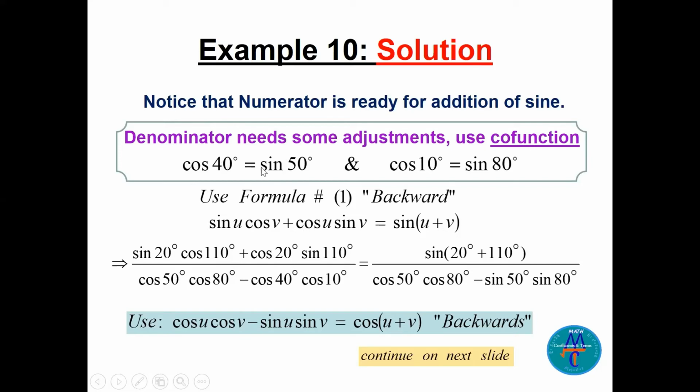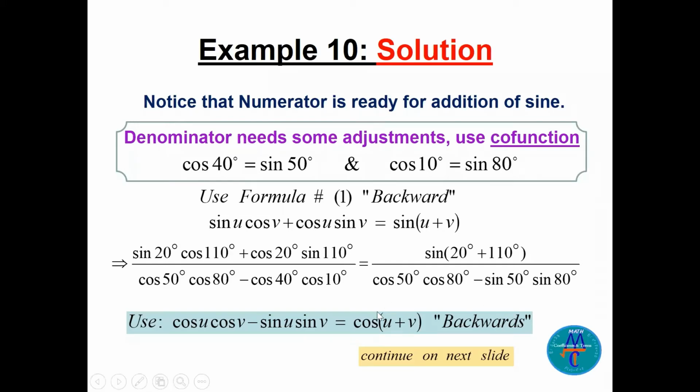So cosine 40 will be sine of 90 minus 40, sine 50. Cosine 10 will be sine of 90 minus 10, sine 80. So this becomes cosine 50 cosine 80 minus cosine 40 cosine 10. This becomes cosine 50 cosine 80 minus sine 50 sine 80.